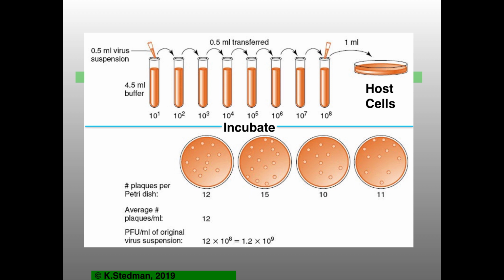So, a couple of key aspects about these plaque assays. The first one is a dilution series. You start out with your concentrated virion, or in that case it could even be infected cells.